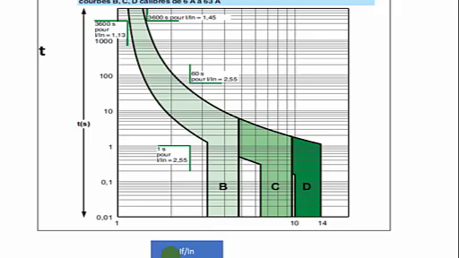If we have a ratio between the fault current and the normal current between 5 and 10, we extract, or we concretize, the driven time Tc based on the C curve.